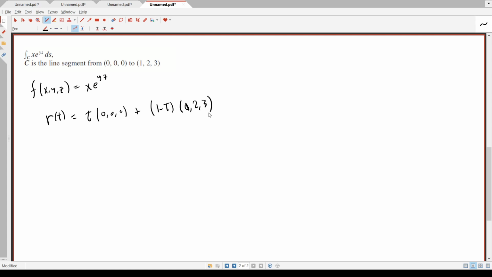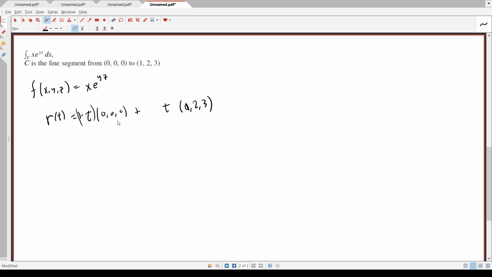I'm sorry, I did that backwards. This is supposed to be 1 minus t in front and t right here. Okay, so if I write this anytime, this is going to give me a parameterization of the line between these 2 points. I really don't care what 2 points it is. If I do this to them, it's going to give me a line between 2 points.